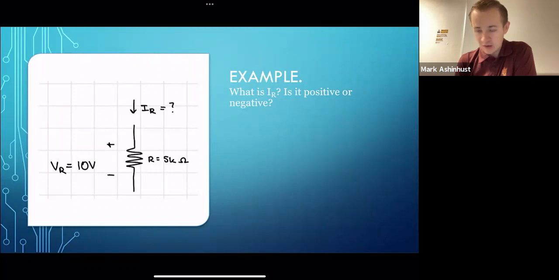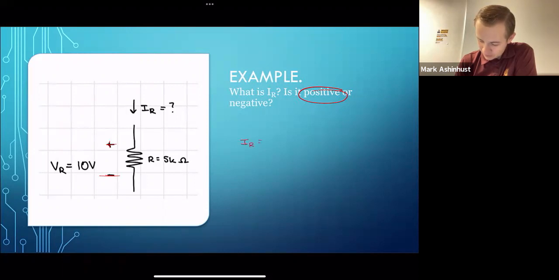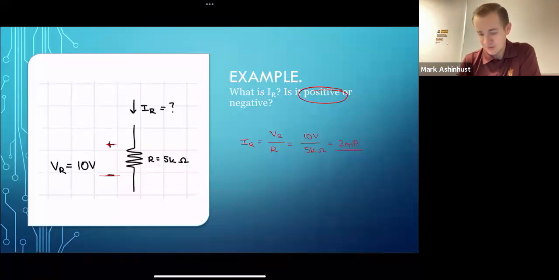So our IR, our current through the resistor, is going to be positive, and that's because it's going into the positive, out the negative. So IR equals, we need a voltage over a resistance, Ohm's law. So we'll have VR over R, which is 10 volts over 5 kilo ohms, which should be 2 milliamps. Positive.